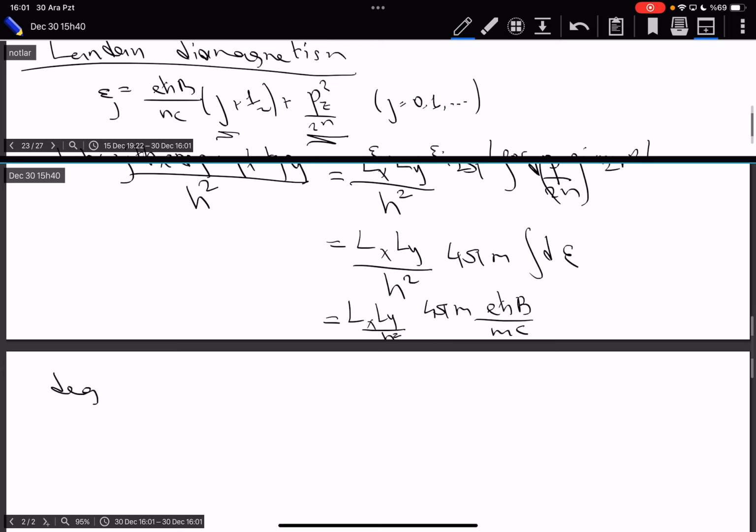So degeneracy of each J is given by Lx, Ly 4 pi E h bar B over h squared c.